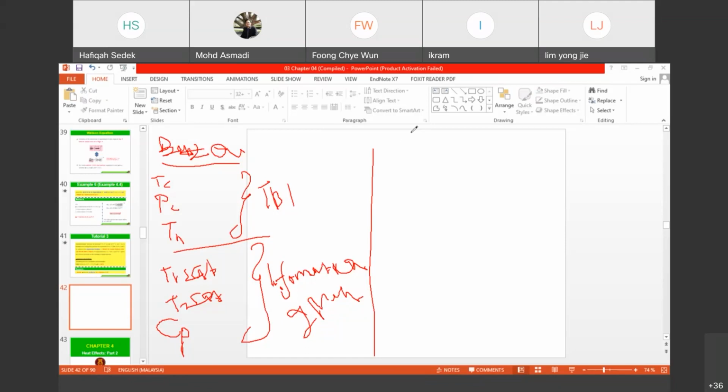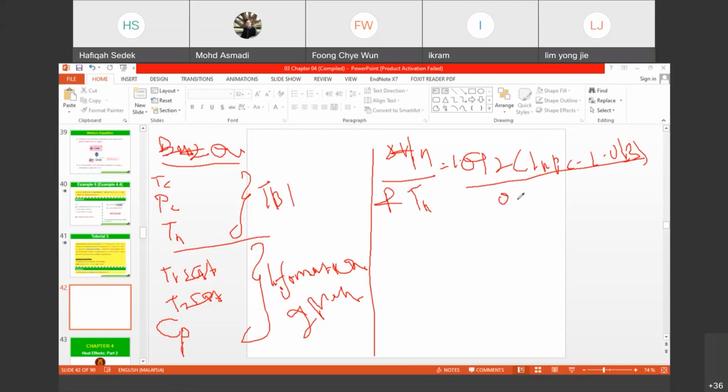So we use the Riedel equation: delta H n divided by R Tn equals 1.092 (ln Pc minus 1.013) divided by (0.930 minus TRn).